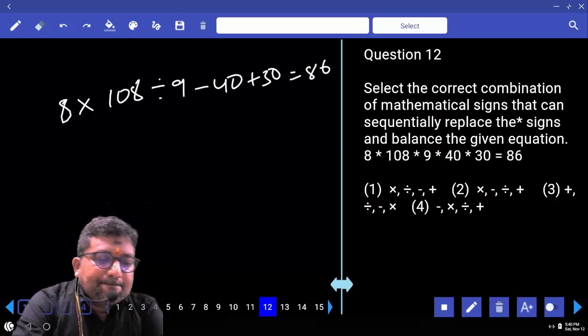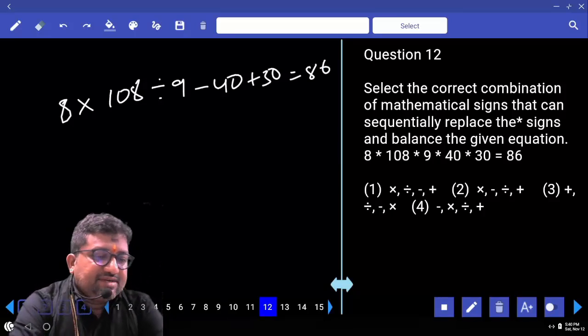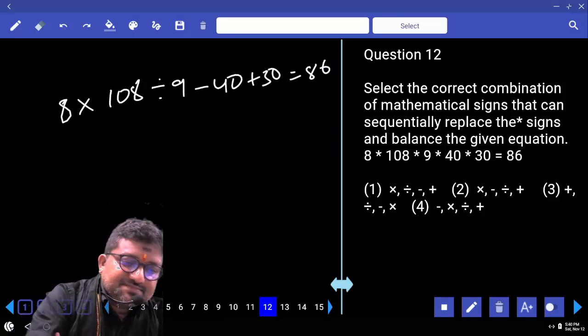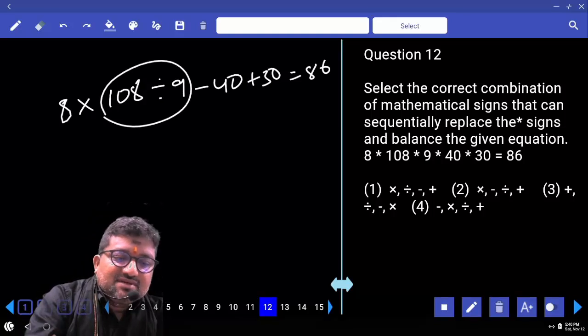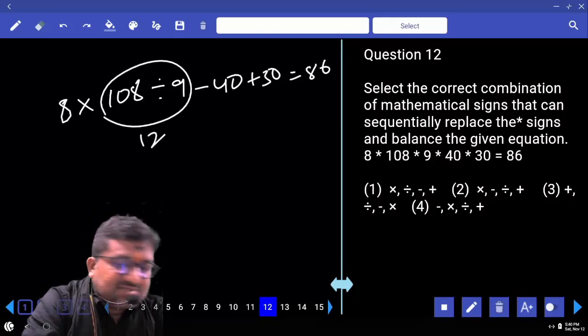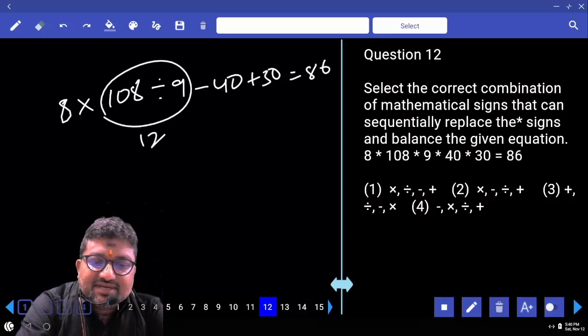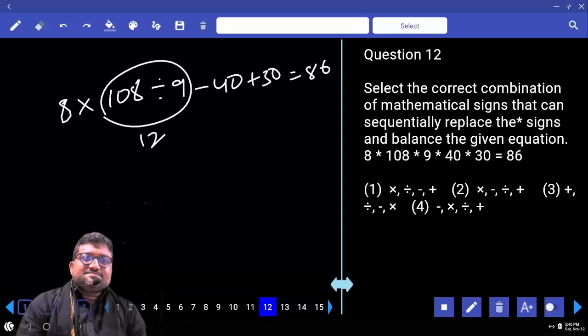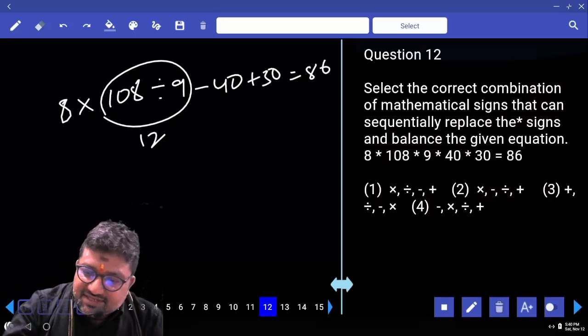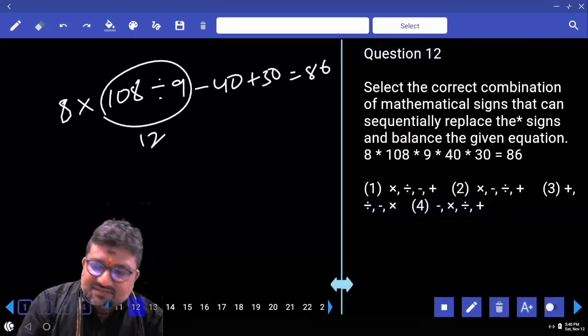What's happening here? 108 divided by 9. How much is this? 12. 8 12s, 96. 96 minus 40, 56 plus 30. Luckily, the first option is the answer.